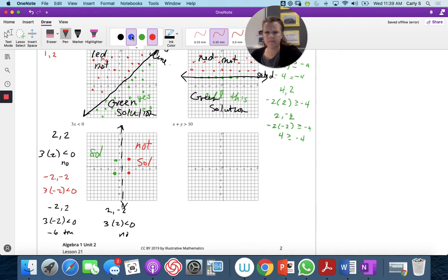And then this one. First of all, I'm going to do this one a little bit different. I'm going to write an equality and then put it in slope-intercept form. Y equals negative x plus 10.